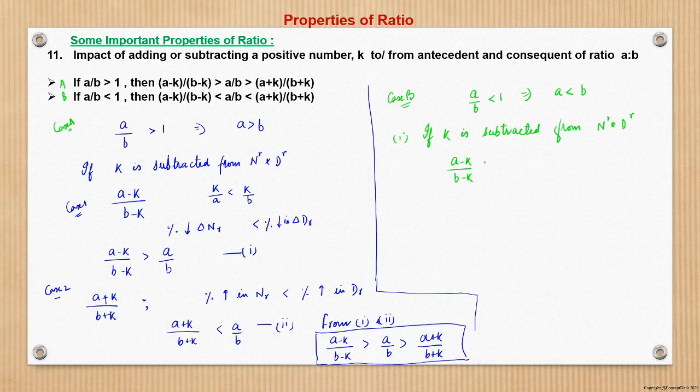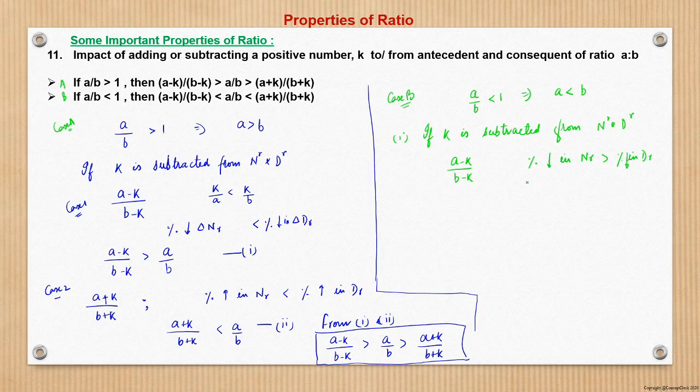Here since A is less than B and the same amount K is subtracted, we can say that the percentage decrease in numerator, A being lower than B, is more than the percentage decrease in denominator, right?